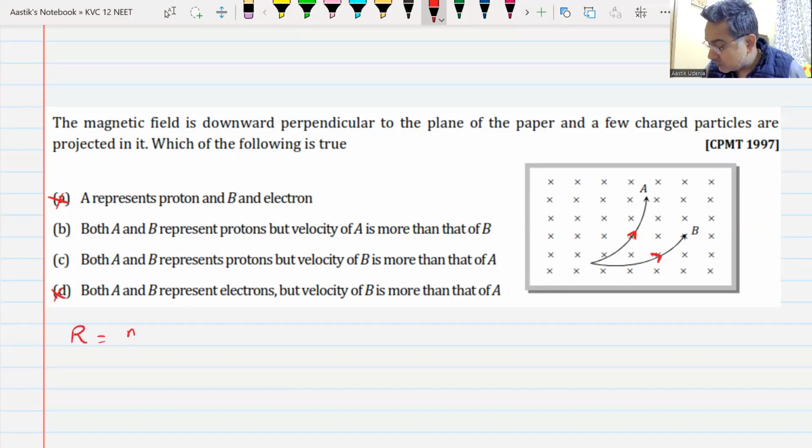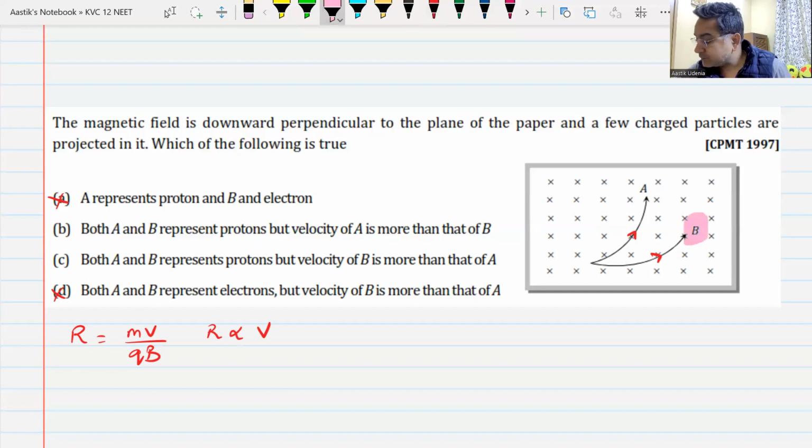R is equal to mv by qB, so radius is directly proportional to velocity. The particle which has more velocity will have more radius. Which has the more radius?